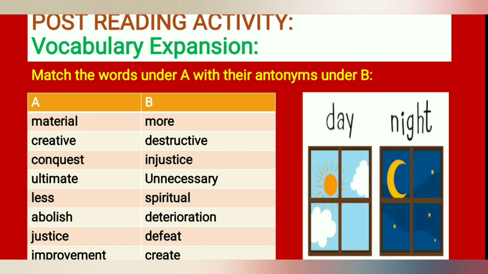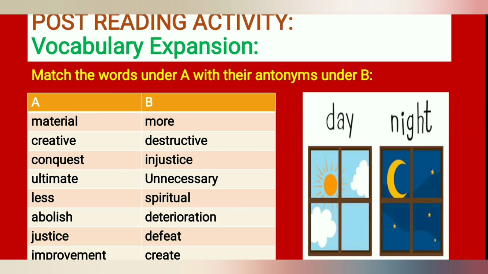On the screen, two columns have been displayed. You have to match the words under column A with their antonyms given under column B. I'm giving you some time for doing this activity. Read these words. You have learned these words while discussing the text. First word is material, then creative, conquest, ultimate, less, abolish, justice, improvement.